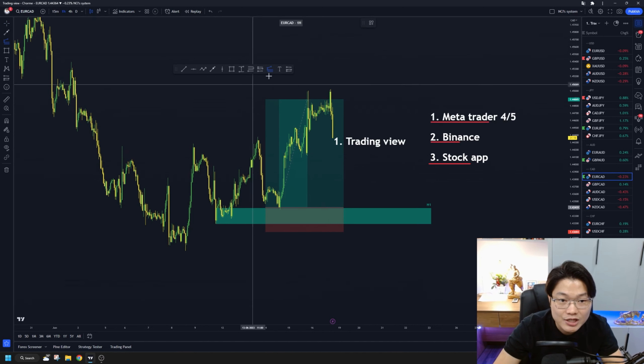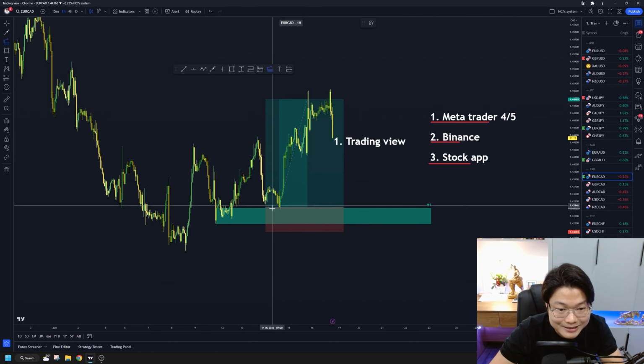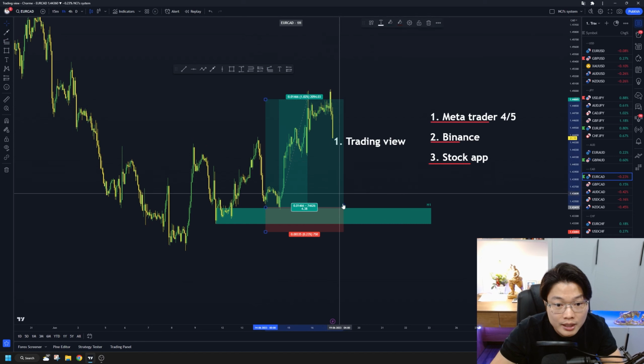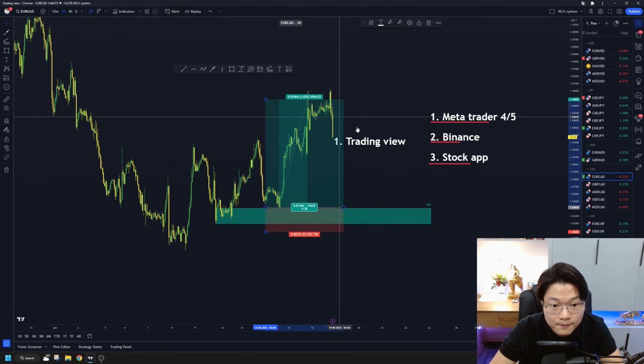And here's the Fibonacci extension. I just use it to calculate how many reward-to-risk ratio I have already achieved. For example, for this trade, you can see right here, this trade has a 4.38 reward-to-risk ratio. It means that I lost 1% right here, but I can achieve 4.3% in total if the trade comes into my take profit level.